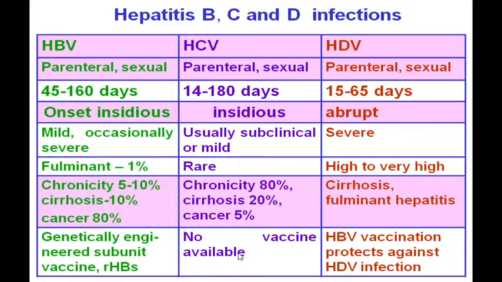Hepatitis C virus: there are no vaccines available, but within the last decade, or the last 5 years, new targets have been found for the hepatitis C replicative cycle, and a very good treatment has been developed. The hepatitis D virus infection cannot be treated very well, but vaccination against hepatitis B also protects against hepatitis D, because they share the same glycoprotein to bind the cell surface receptor.